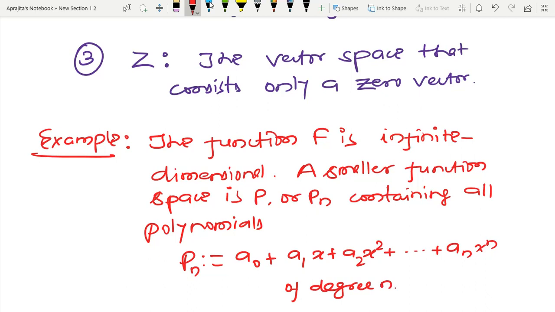We are saying that this polynomial has degree n because the highest power of this polynomial is n. Similarly, I can truncate this polynomial up to 2, and then we can say that this is again some kind of finite dimensional space or a smaller space.